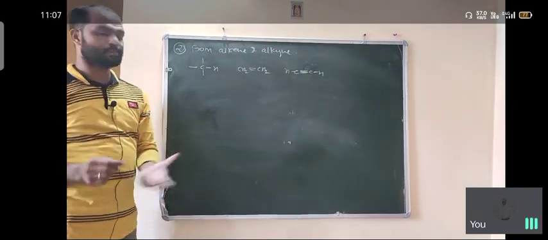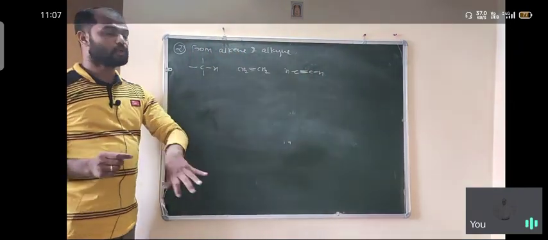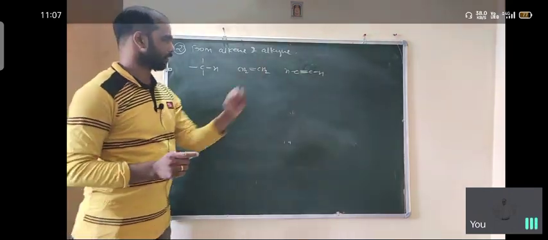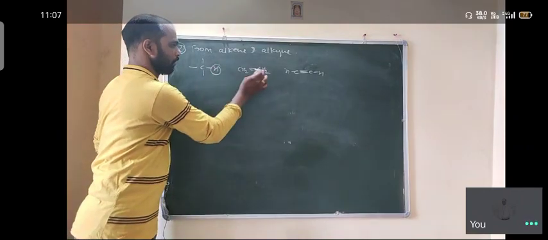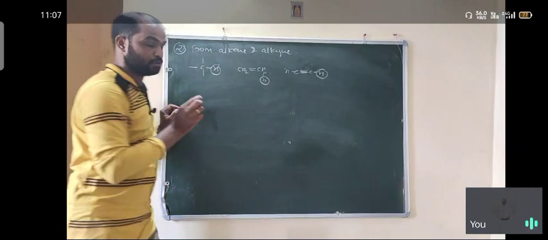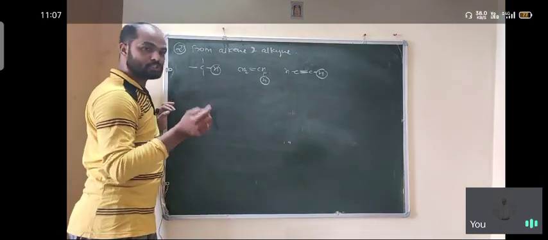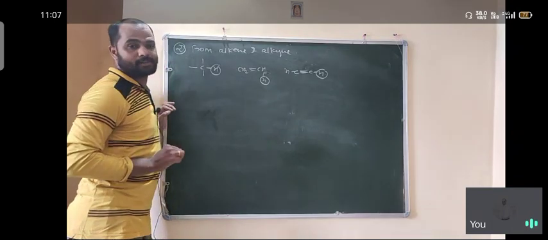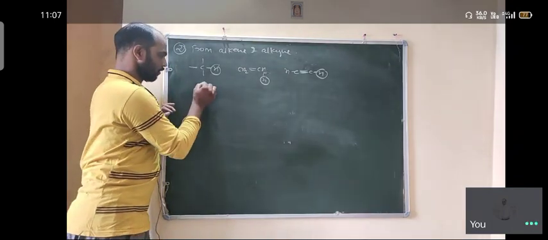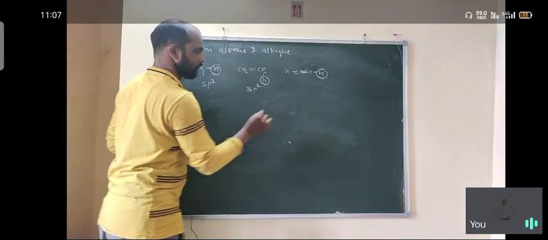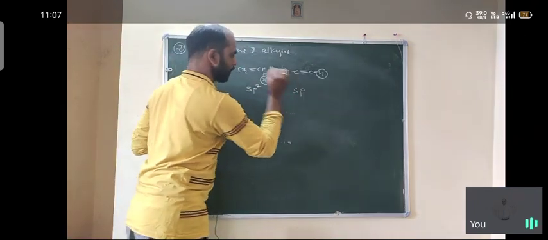Here again, formation of a carbanion depends on in which case the acidic nature of the proton is present. Here also there are hydrogens. Which is more acidic depends on the s character. You all know alkane has sp3 hybridization, alkene has sp2 hybridization, and alkyne has sp hybridization.